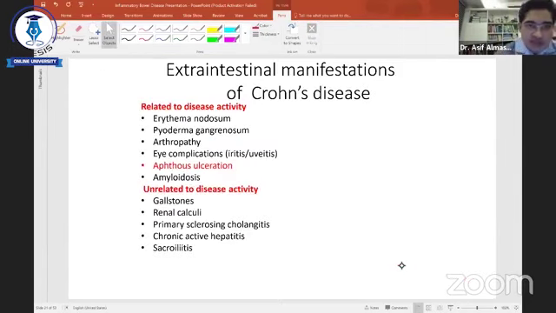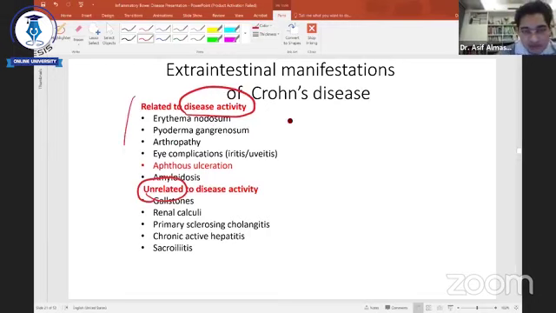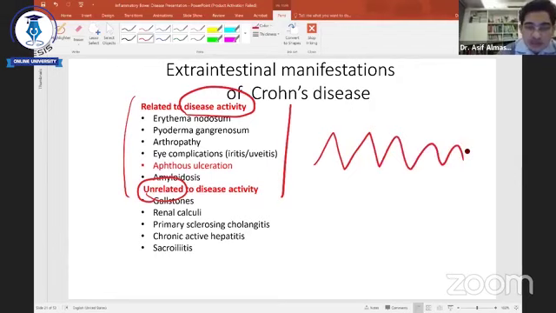Now, what are the extraintestinal manifestations? Some of these manifestations are related to the disease activity, some are unrelated to disease activity. That means the severity of some of these will be proportional to the severity of the disease.